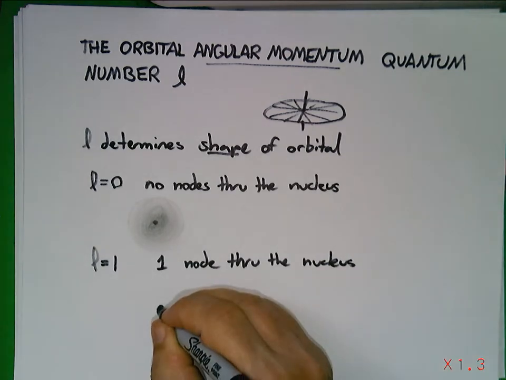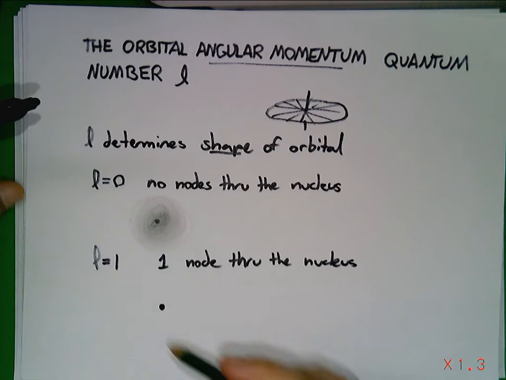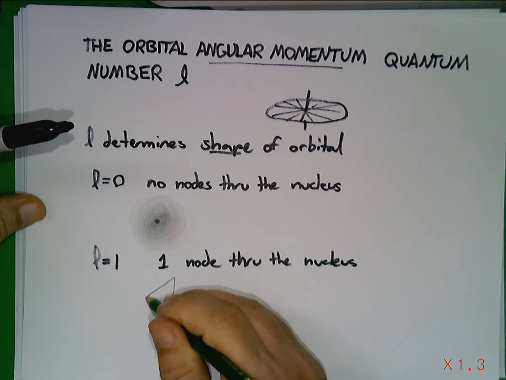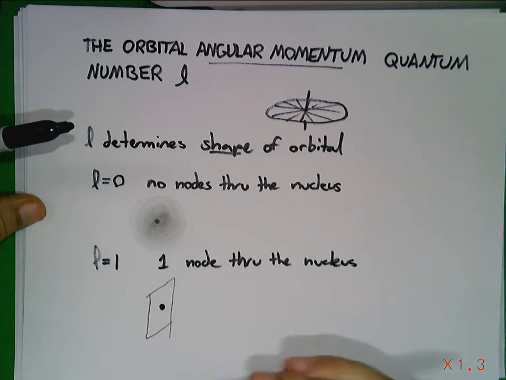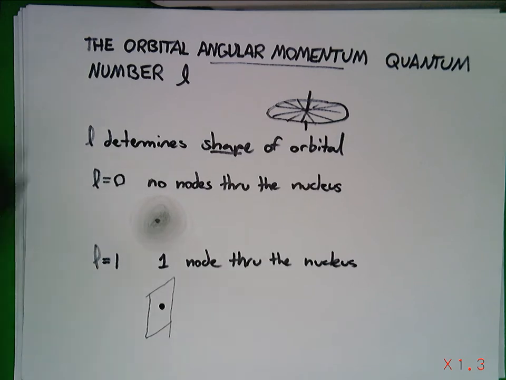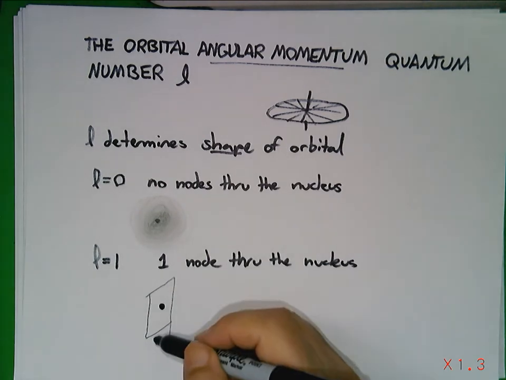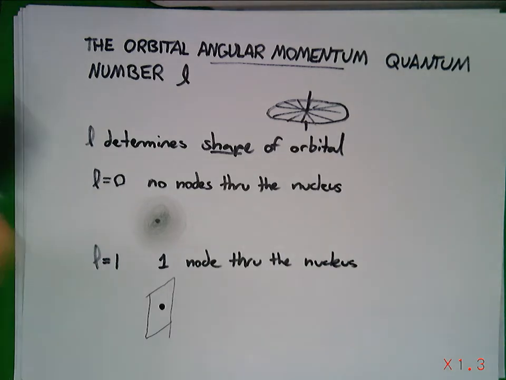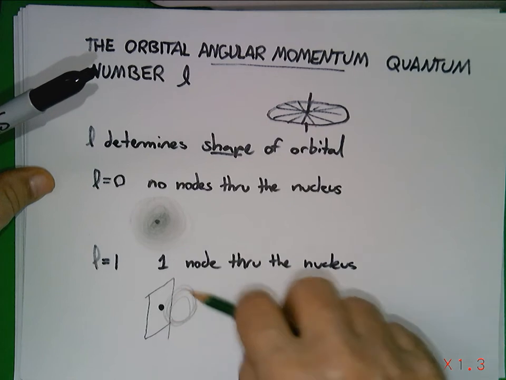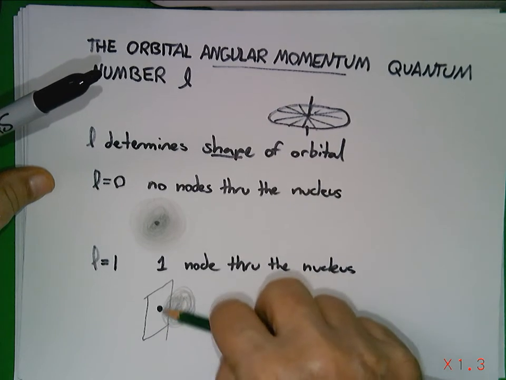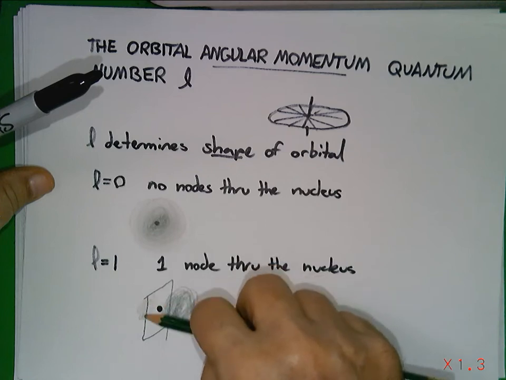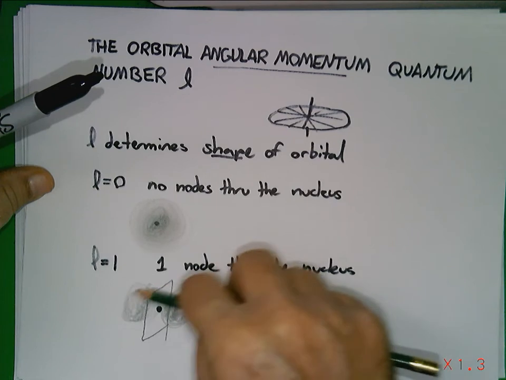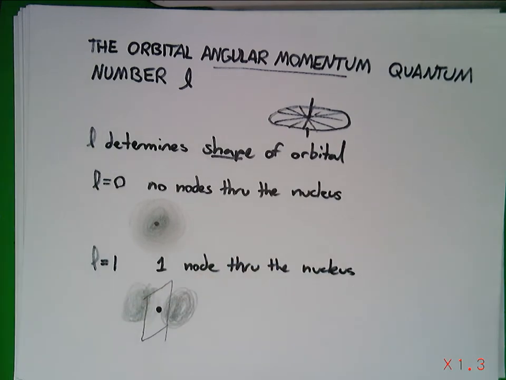Here's my nucleus. Now the node is going to look like a plane. Really, it's kind of infinite, but I'm going to draw a little sheet so that you can see that the nucleus is in the center of the sheet. And then on either side of the sheet, you're going to have a cloud. There's another one behind here. So when you have L equals 1, it's going to look like that.